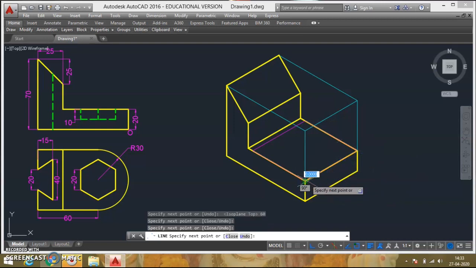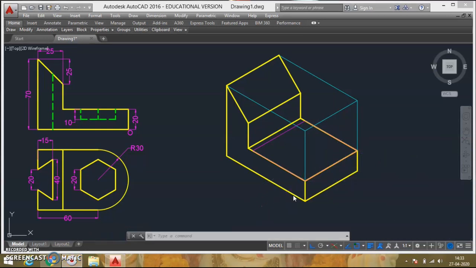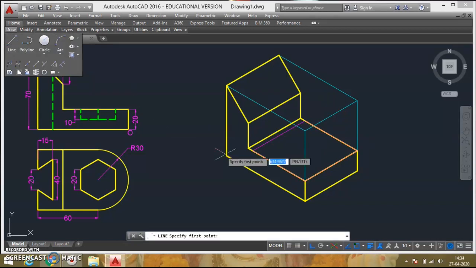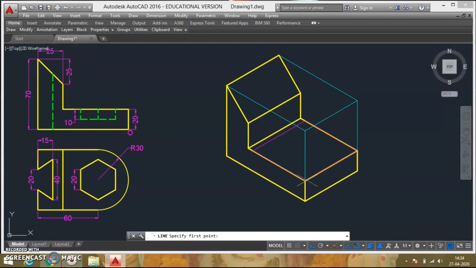And then we'll draw this one. So we have created a rhombus here. Now we'll find out the obtuse angle. In this rhombus, these two are the obtuse angles and these two are the acute angles. So from the obtuse angle, I'll draw a line joining the midpoint of the opposite line. So from here, I'll join the midpoint of this line.